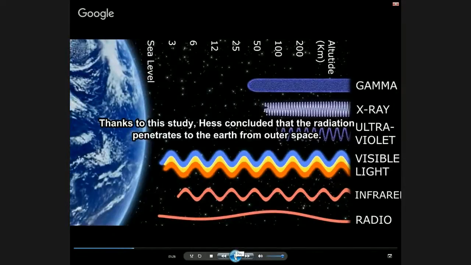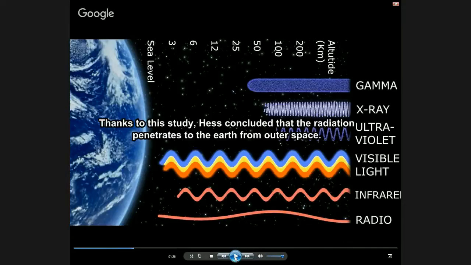Okay, here is the bottom line of the whole thing. You have all this energy coming in the form of light. They're calling them rays: gamma rays, X-rays, ultraviolet rays, visible light, infrared, and radio waves in the whole spectrum.